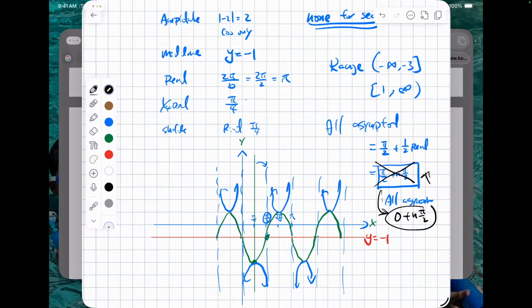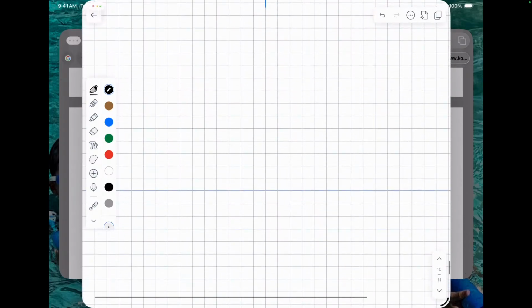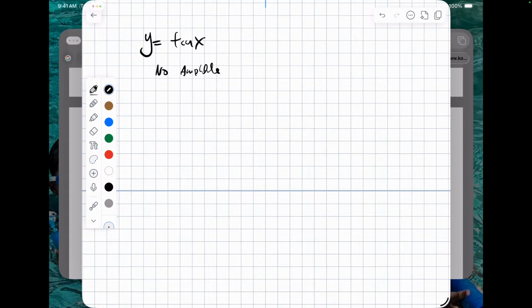Is this okay? So what do we need to know for tangent and cotangent? Here's what we need to know. For the tangent graph, y equals tangent, there's no amplitude, always no amplitude. Is there any period? Yes.